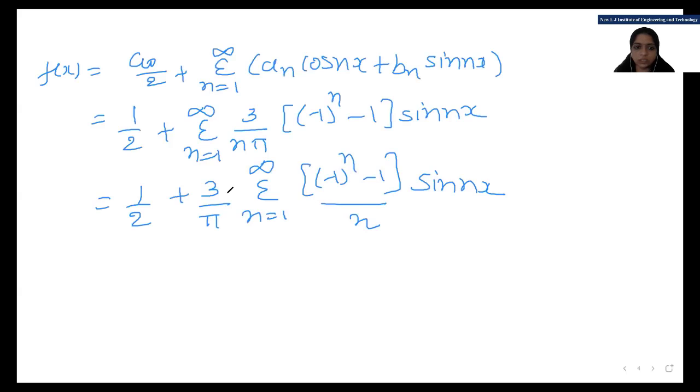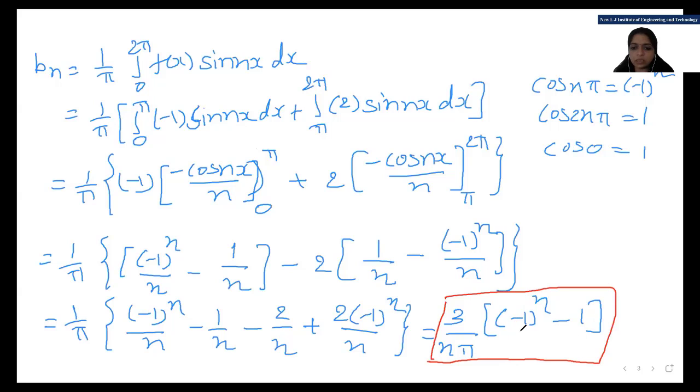Please repeat the last step. This one, Kashyap. In the last step, here I substitute the value of a0, that is 1 by 2. The value of an is 0, so 0 into cos nx is 0, so no need to write this step. And the value of bn is 3 upon n pi, minus 1 raised to n minus 1.